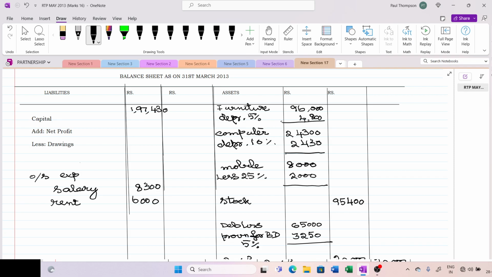Then we will come to bills payable 26,500, creditors 76,000. So the closing balances have been posted here in the balance sheet.